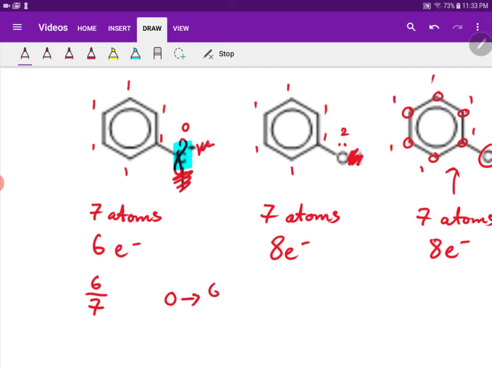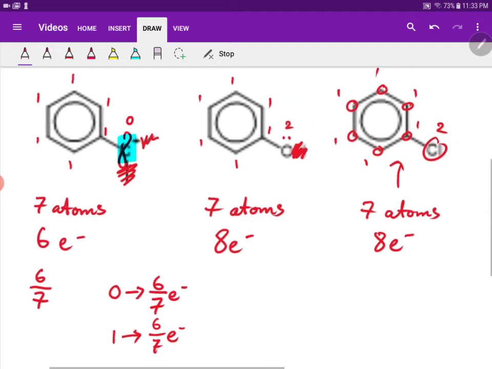Now it has 6/7 electrons. This shows that the electrons have flowed into this carbocation. And in the ring, it went from 1 to 6/7 electrons. That's the reason why we say the electron density flows towards this carbocation.